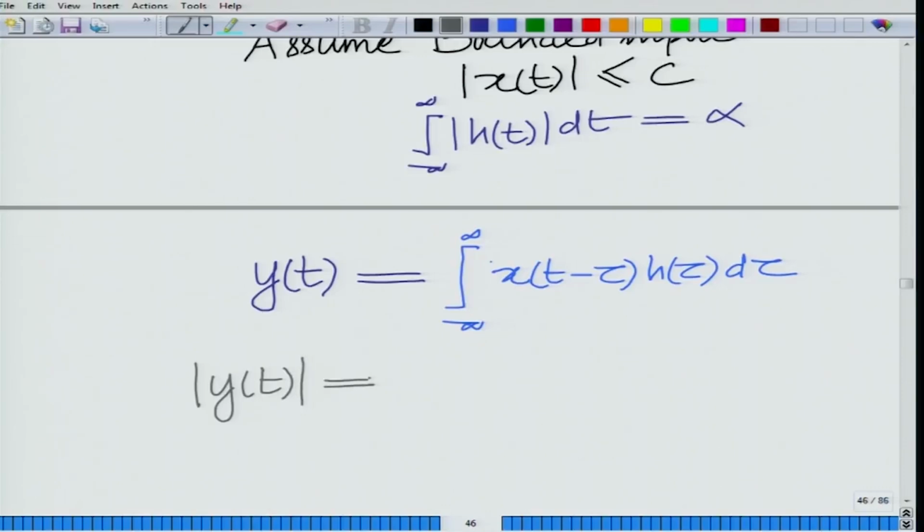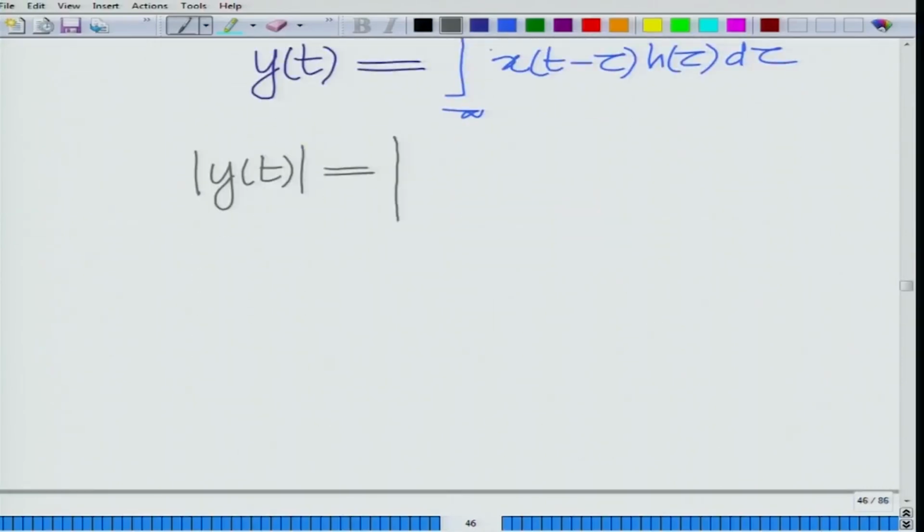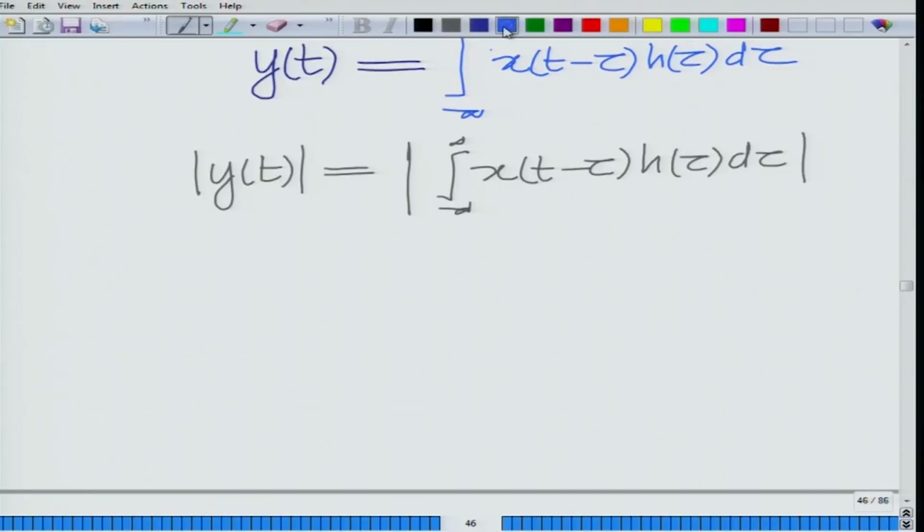The magnitude of y of t is equal to the magnitude of the integral of x of t minus tau h of tau. Now the magnitude of an integral is less than or equal to the integral of the magnitude of the quantity being integrated.